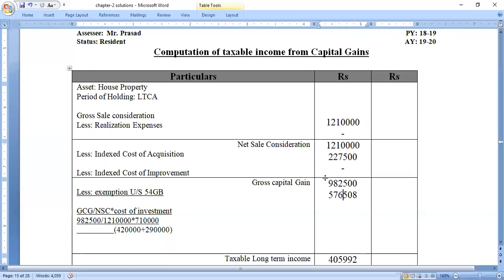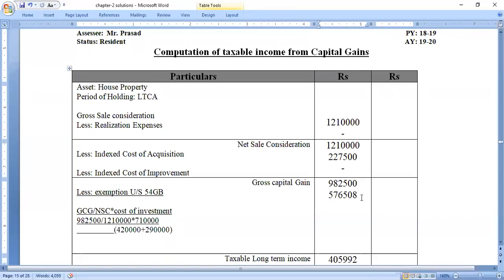To take the value, gross capital gain is 9,82,500 divided by net sale consideration 12 lakh 10,000 into cost of new investment, which is 4 lakh 20,000 on new machinery plus the amount deposited in the LG account scheme.